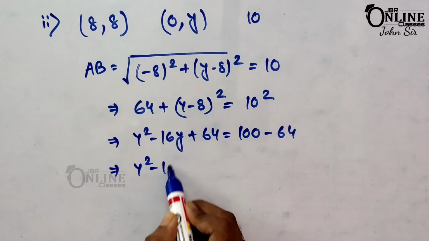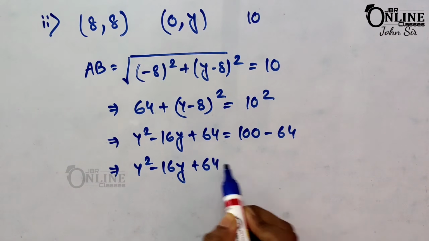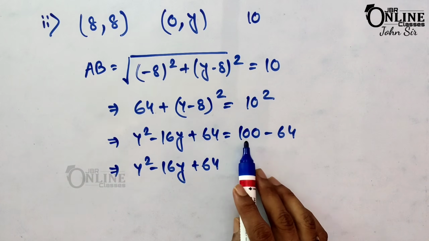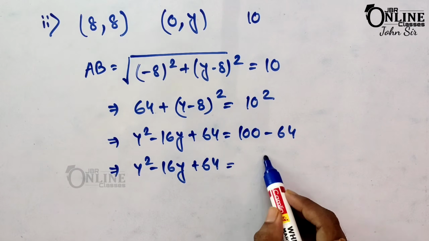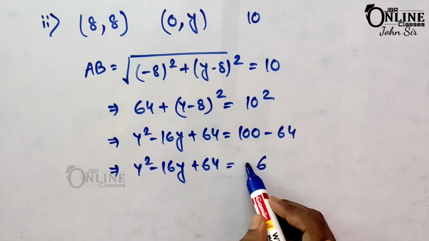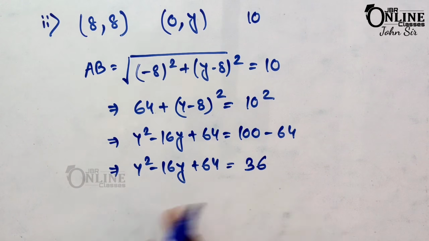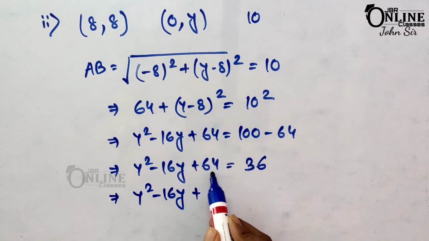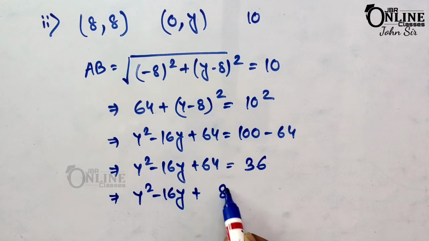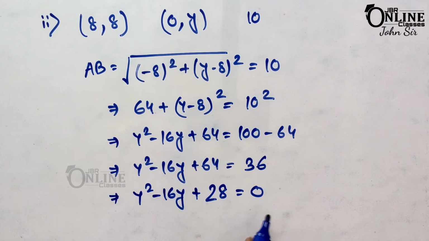So now y square minus 16y plus 64 minus 36, it will be 28. So it's a quadratic equation, and you can solve this one.